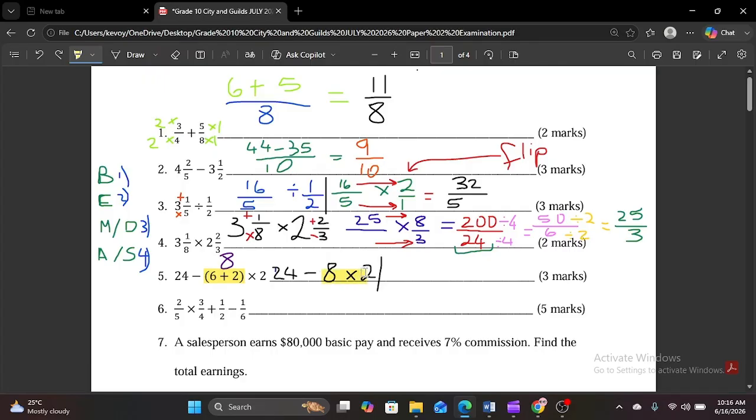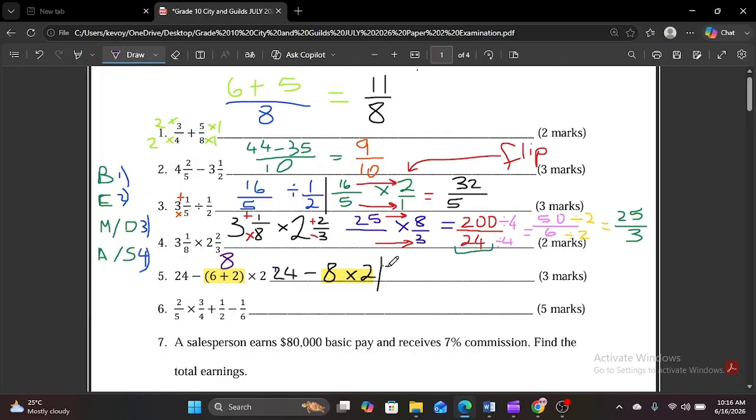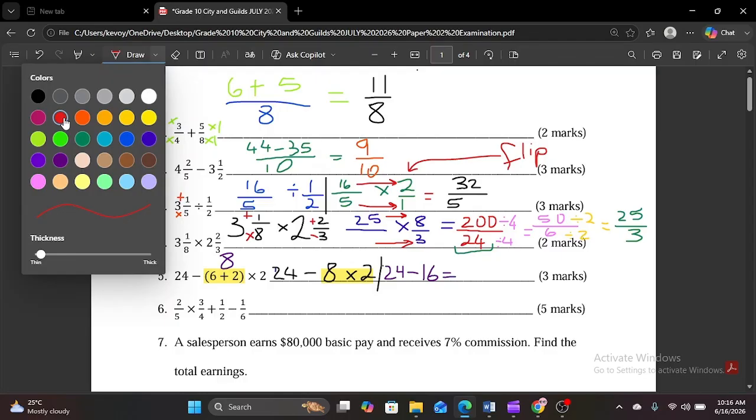So 8 times 2 is going to be 16. So we'll have 24 minus 16, and that will be equal to your final answer of 8.